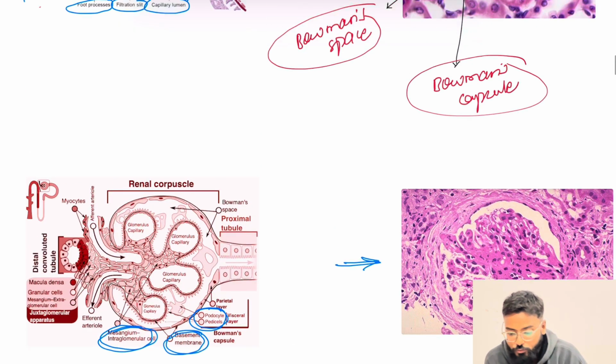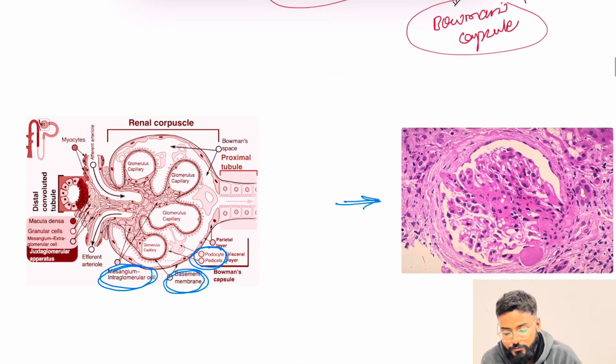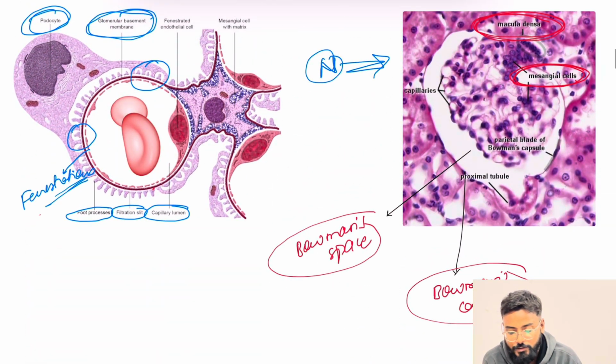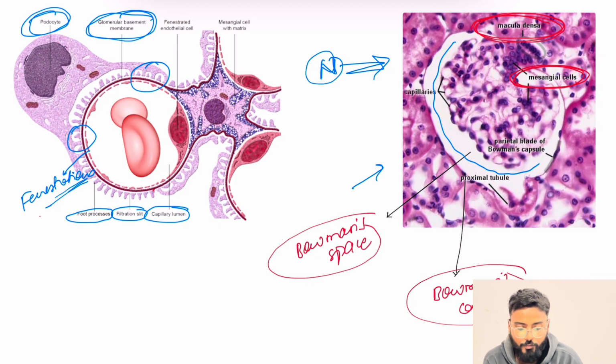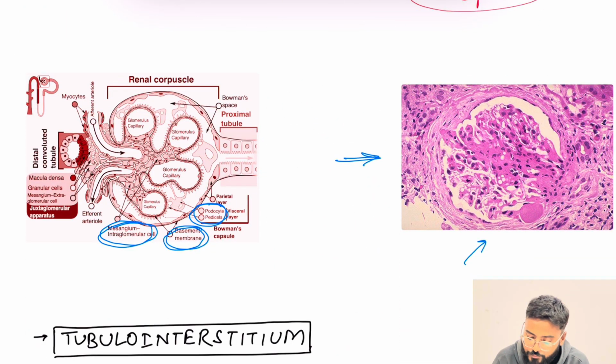Here in this picture, can you compare this picture from this picture? You see, this Bowman space is uniform throughout. Like you can see, wide Bowman space, but here you cannot appreciate some part of Bowman space.